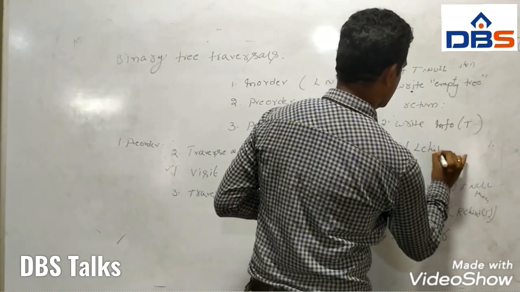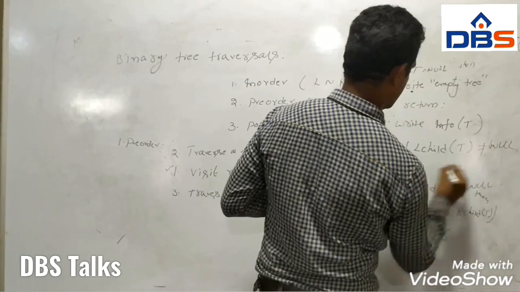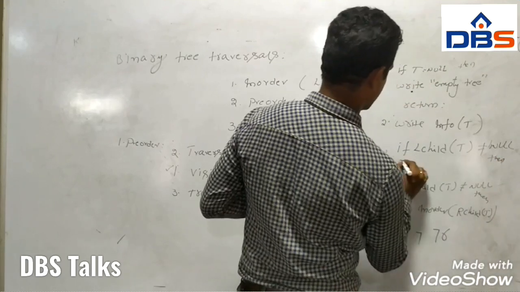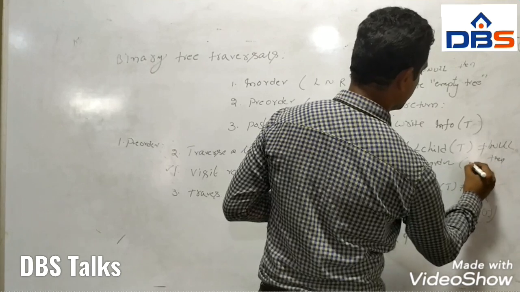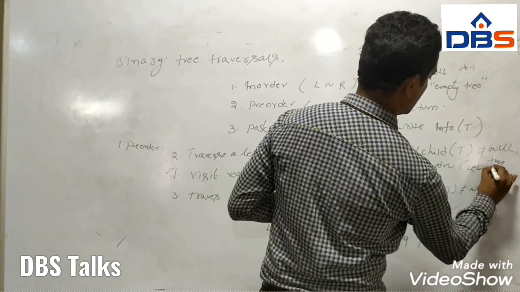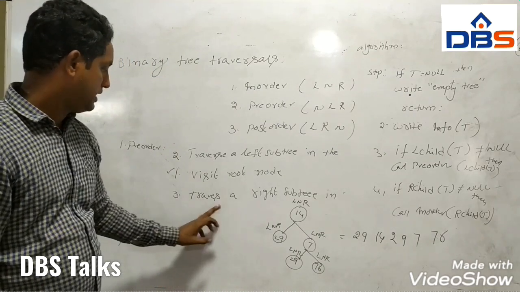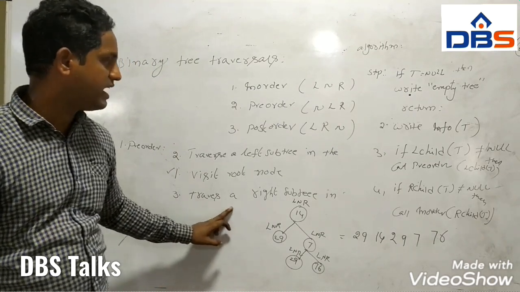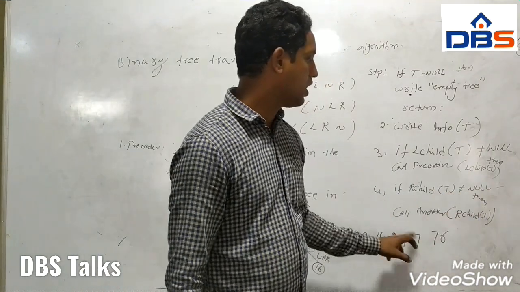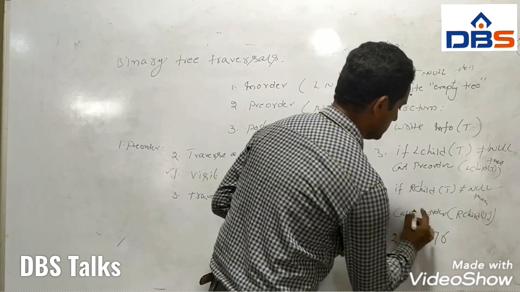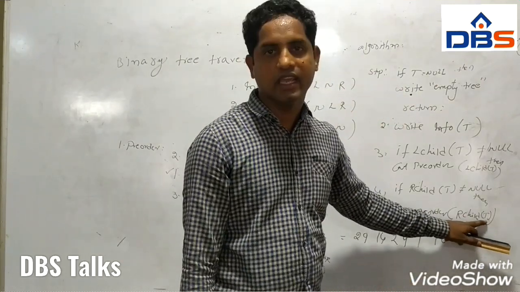If L child of T is not equal to null, then call pre-order of L child of T. And fourth step, traverse the right subtree. If R child of T is not equal to null, then call pre-order of R child of T.